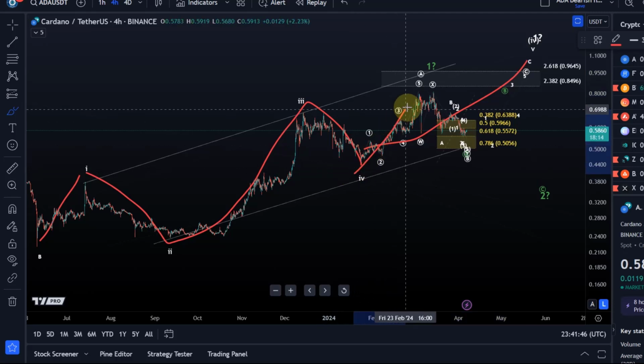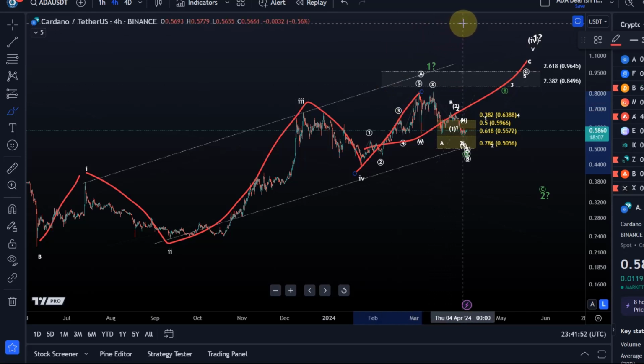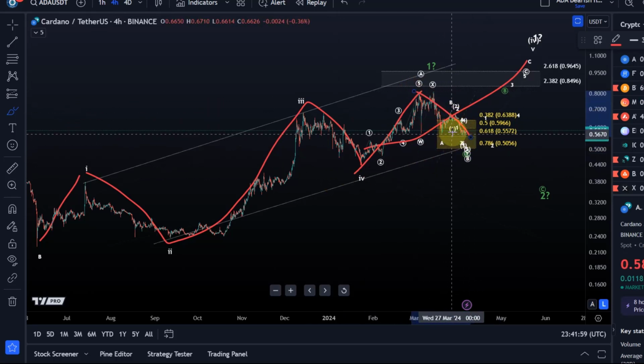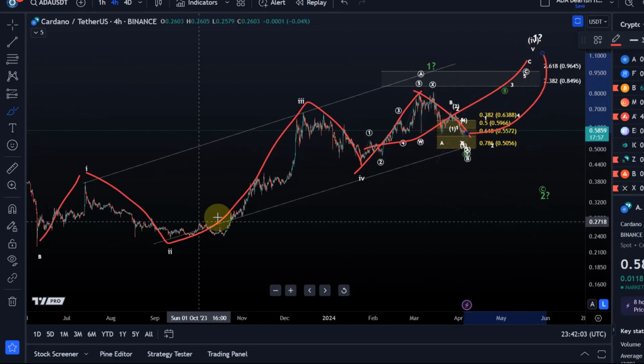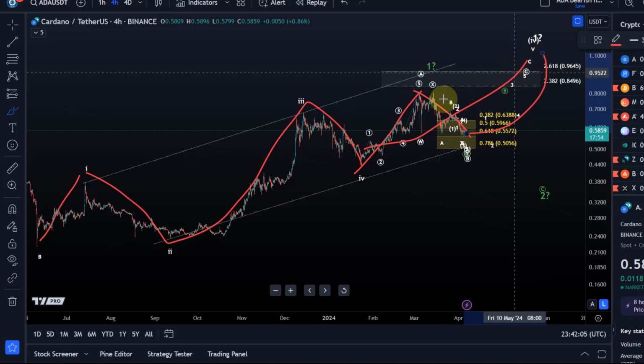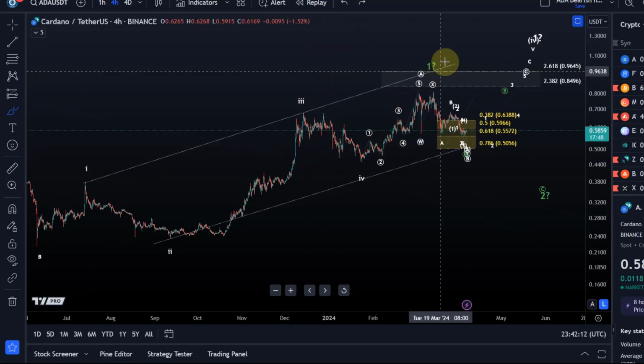The move up that topped in March was an A wave of wave 5, because we're dealing with a diagonal, so the subwaves are ABC structures. The pullback most recently was a B wave pullback, and the C wave rally is still to come. That's the white count, the directly short-term bullish interpretation.